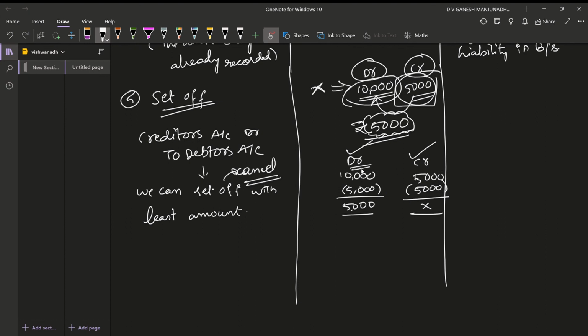As debtors show a debit balance, to decrease the debtors we have to credit that one. So that is why we have credited the debtors account. As creditors show a credit balance, if we want to decrease the creditors, we have to debit the creditors. That is why it is debited.